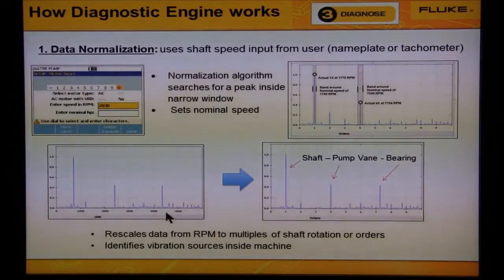The diagnostic engine is told that the machine speed is 600 RPM and identifies the peak at 600 as the vibration from the rotating shaft, as you see on the graph on the right. It then takes information that there are 4 impeller vanes, sees a peak at 2400 in the data, which is 4 times 600 RPM, and identifies this as the 4 impeller vanes.